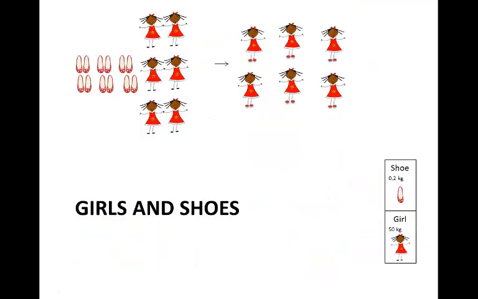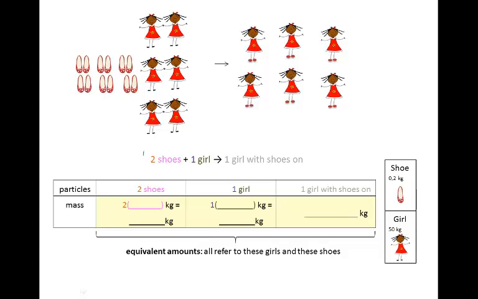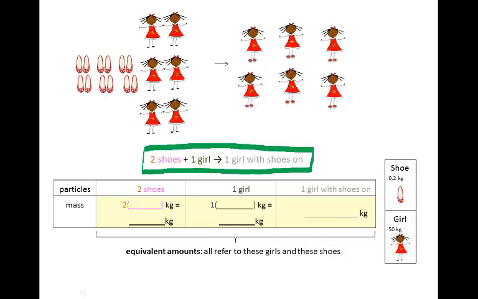So let's answer some simple questions about these girls and these shoes. And for these questions, we'll assume that all the shoes have a mass of 0.2 kilograms per shoe. And every girl is identical, which is obviously impossible, but just to make it simple, and every girl has a mass of 50 kilograms. So our ratio is 2 shoes for every 1 girl gives 1 girl with shoes on.